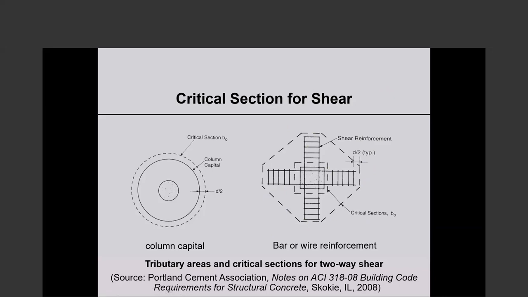Okay, remember, shear is the load sitting on the slab minus the load sitting inside the critical section. So if the critical section faces are away from the column, there will be less punching shear. And so at one point, we will be able to discontinue the shear reinforcement. And around the section where the shear reinforcement is discontinued, d/2 away from that, we will have another critical section as outlined by the dotted lines.